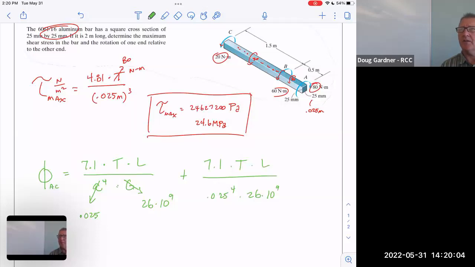This is actually way back in like 5.3 or something now. It's 5.3 with a different formula. So I've actually got to add those 2 things together. And so I have a 20 torque, and that was in the 1.5 meter area. And I have an 80 torque, and that was in the 0.5 length area. I got to add all that stuff up.